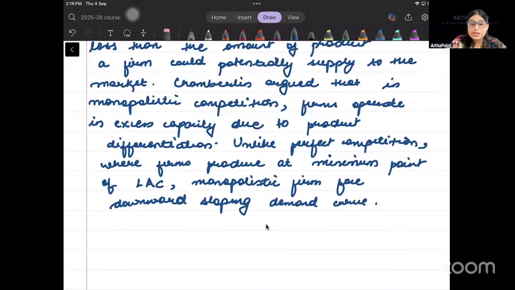They are not facing a horizontal demand curve. They don't have to produce at the lowest point. And according to Chamberlin, perfect competition cannot be considered ideal for monopolistic competition.